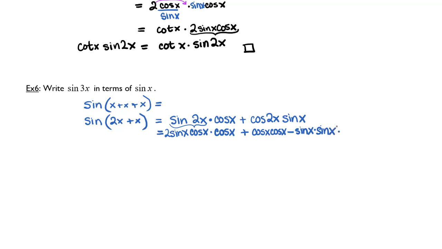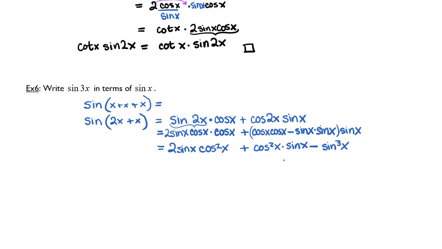And that's multiplied to sine x. Simplifying here, I'll have 2 sine x times cosine squared x plus cosine squared x times sine x minus sine cubed x.